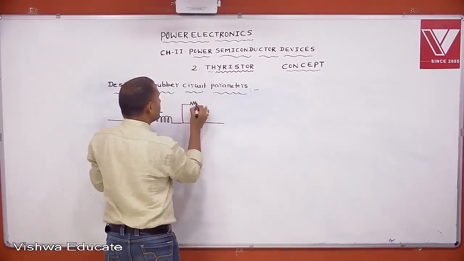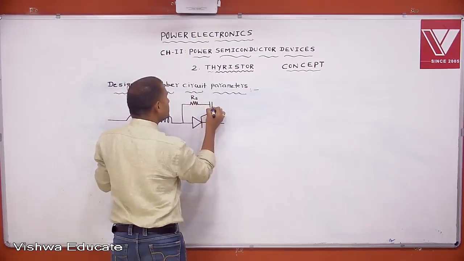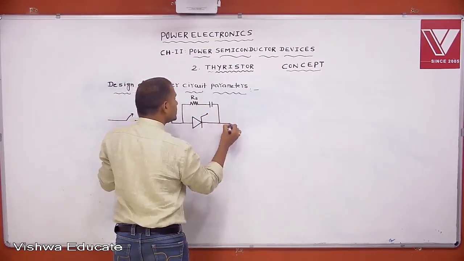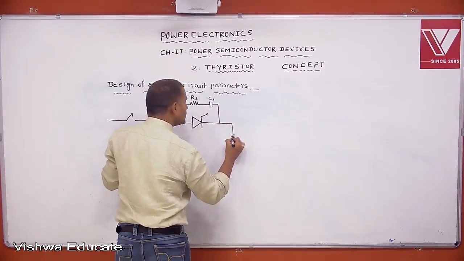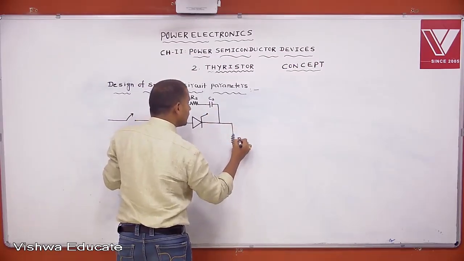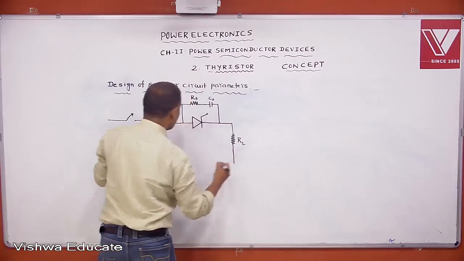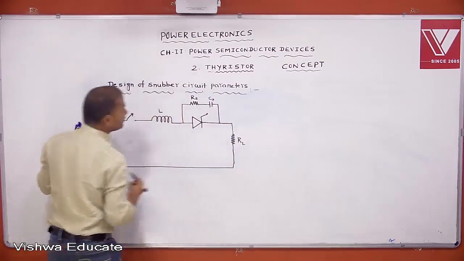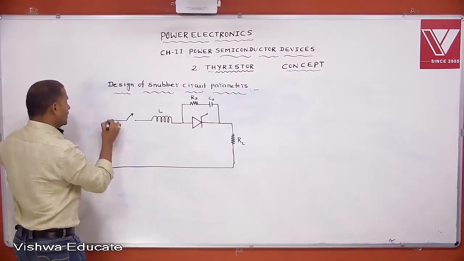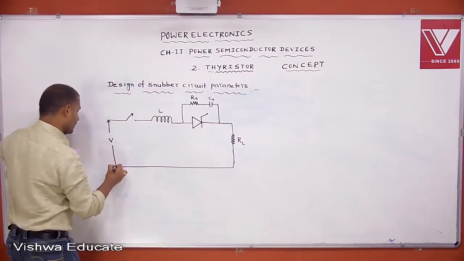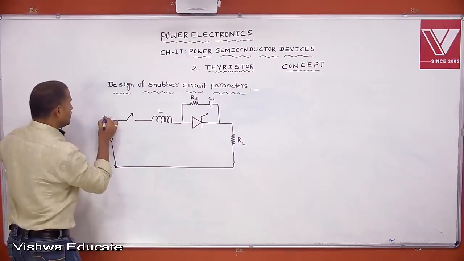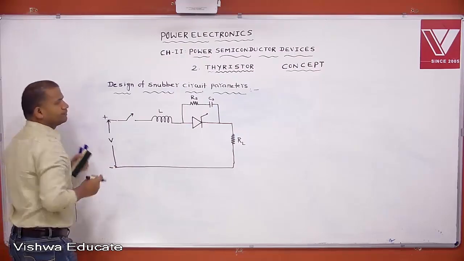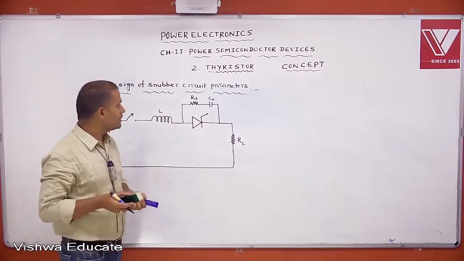Rs is the snubber circuit resistance, Cs is the snubber circuit capacitance, and RL is the load resistance. Let the supply voltage be V, with this positive and this negative.